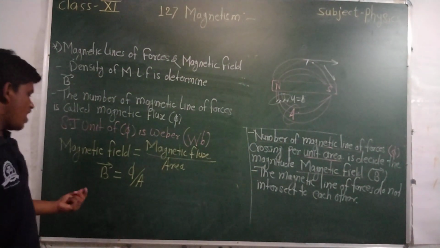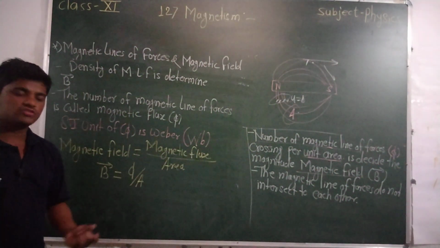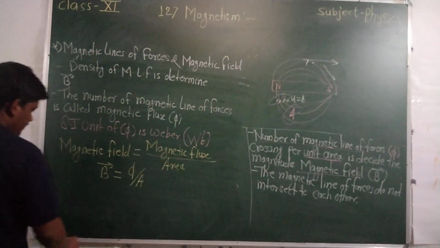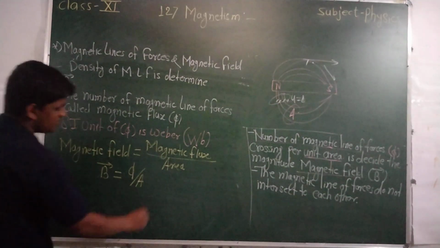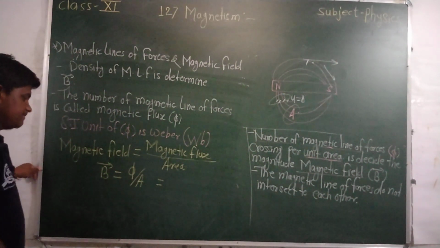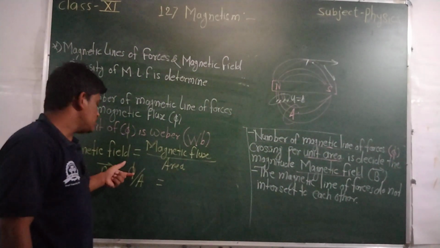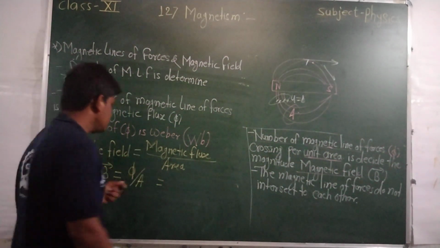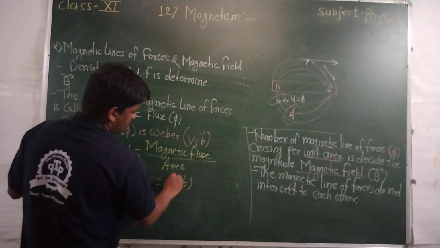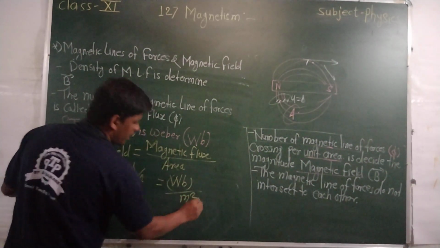Now let's find the SI unit of the magnetic field. The SI unit of magnetic field is a ratio. By using the formula we can calculate it. The SI unit of magnetic flux is the Weber, that is Wb, and the SI unit of area is the meter square.